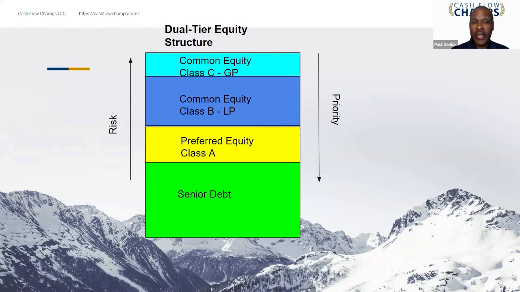I believe the passive investors play an important role in making these syndication deals happen, and they should be protected. They should have some type of downside protection, right? That's just what I believe, because without the passive investors, it'd be very difficult for a lot of syndicators to get deals done. So why not protect them with a preferred return so that they get the first set of cash flow?